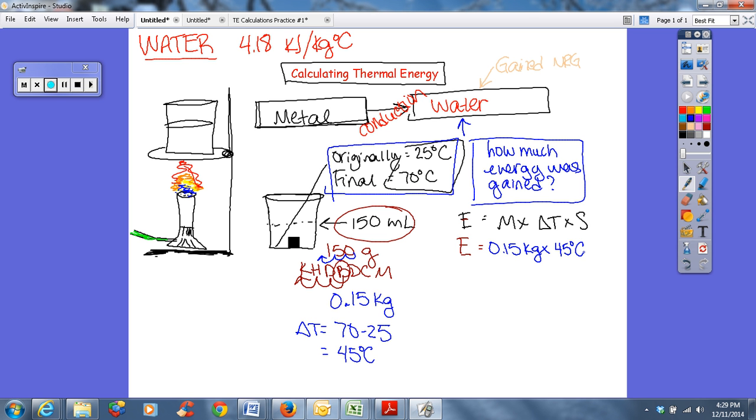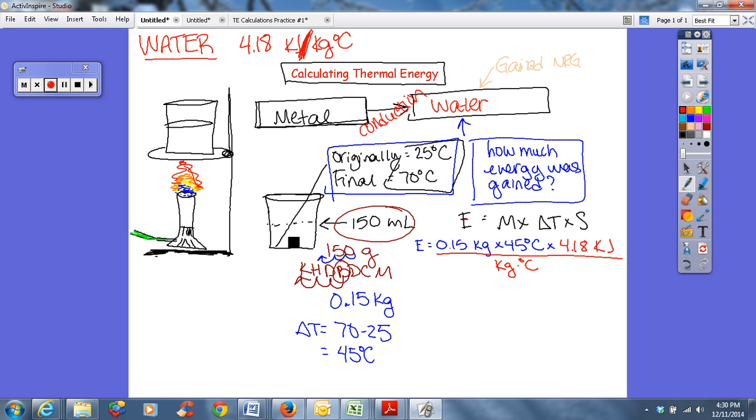And then times specific heat, 4.18 kilojoules divided by kilograms times degrees Celsius.